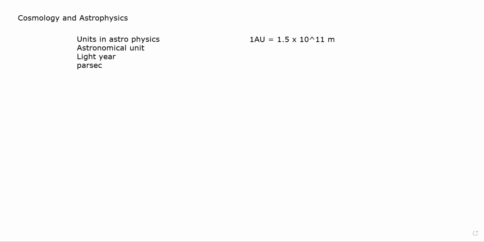So in terms of meter, one light year is approximately equal to 9.46 into 10 to the power 15 meter. It is 15, sorry, I typed 14 here.